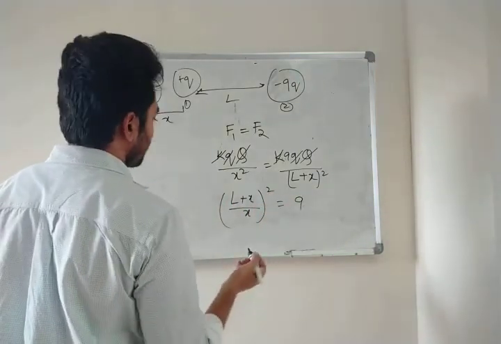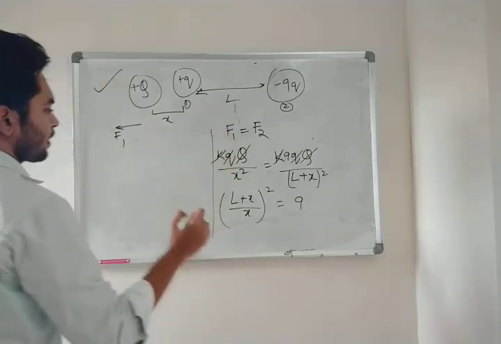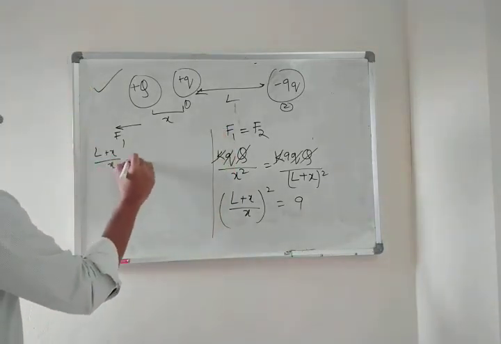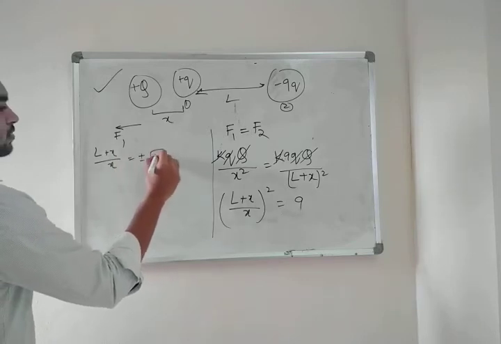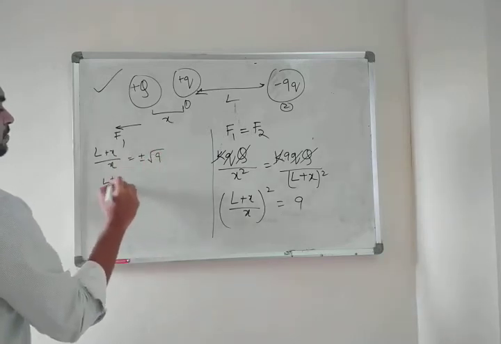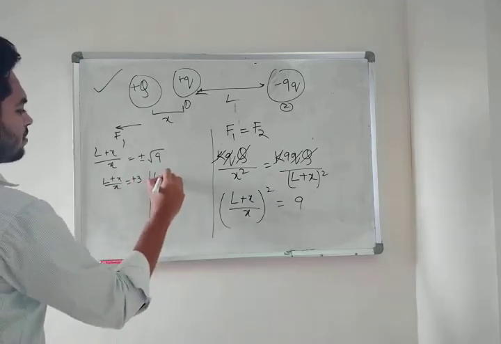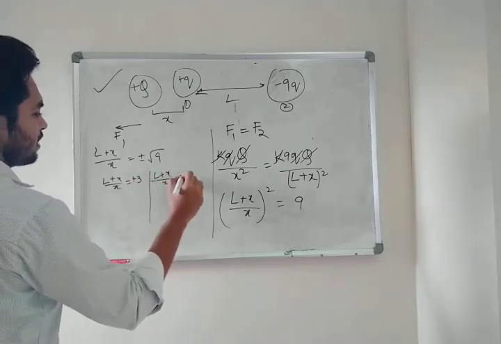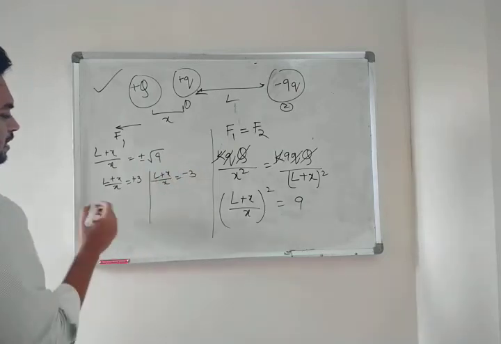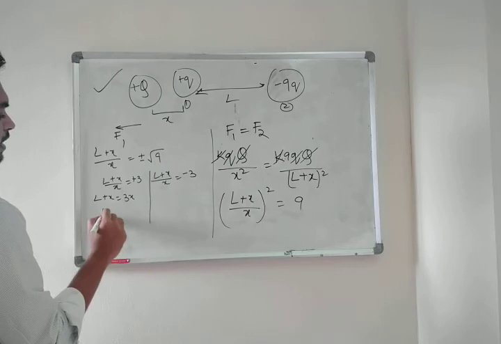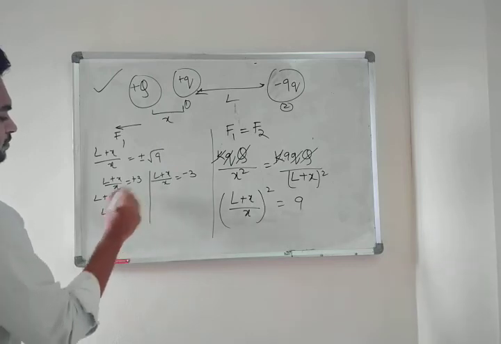Now what is going to happen? L plus x by x equal to plus or minus root 9. L plus x by x equal to plus 3 is one case. L plus x by x is minus 3 is other case. So L plus x is equal to 3x, L equal to 2x.